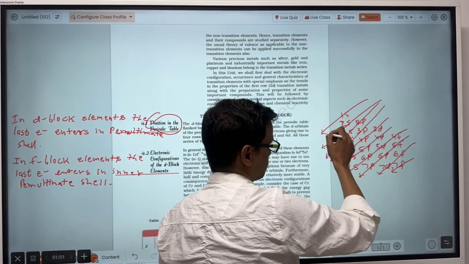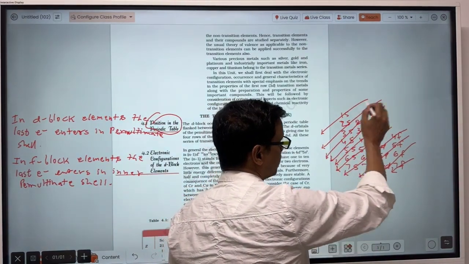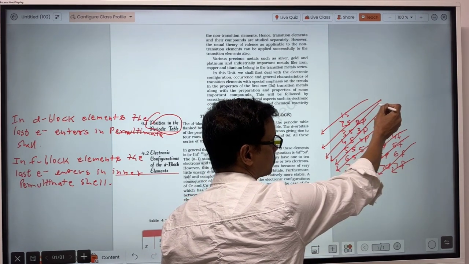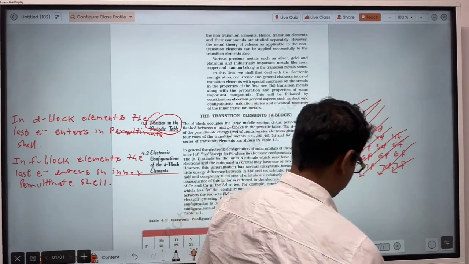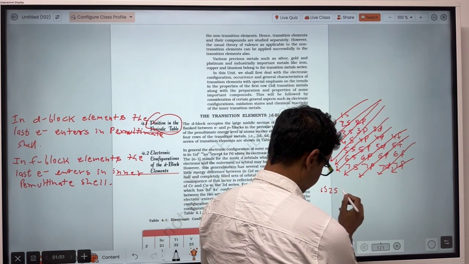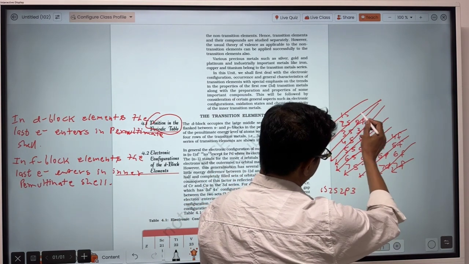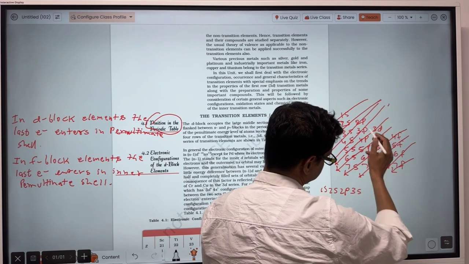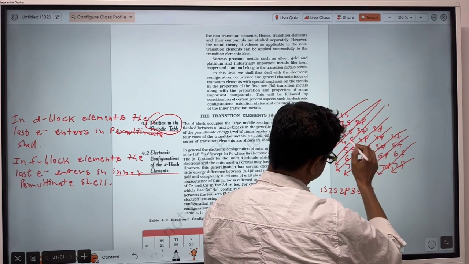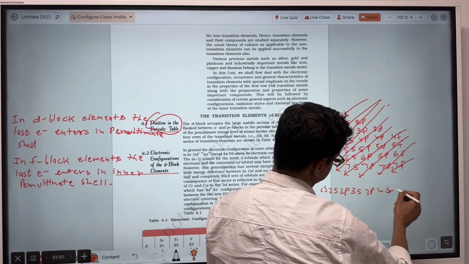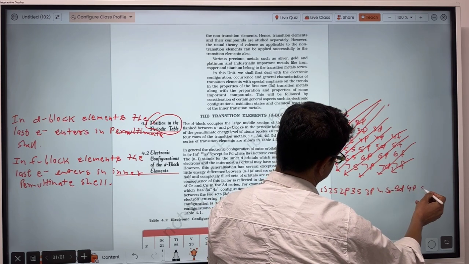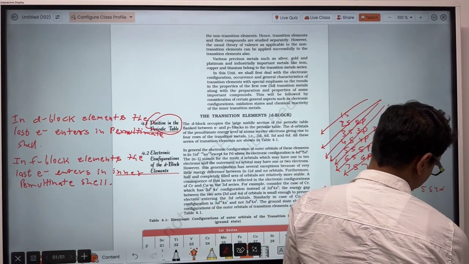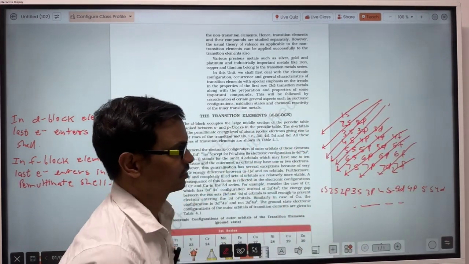It goes from tail to head, and then the next arrow again goes to the tail and comes to head. Again on the tail you go, and then come to head. So the energy level will be 3s, then after here, and so on, like this one.